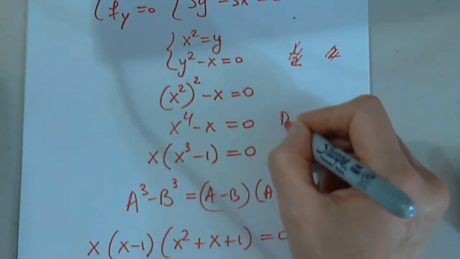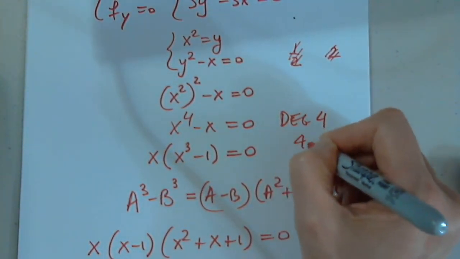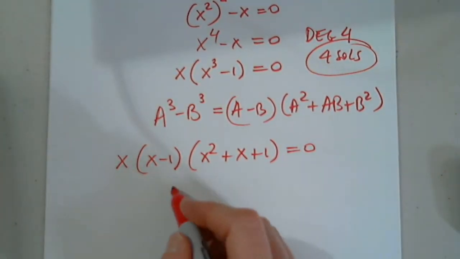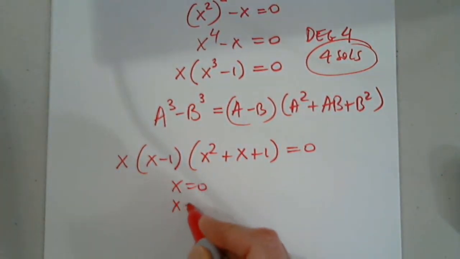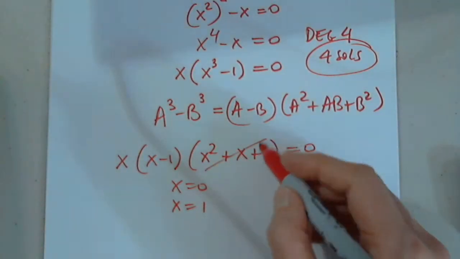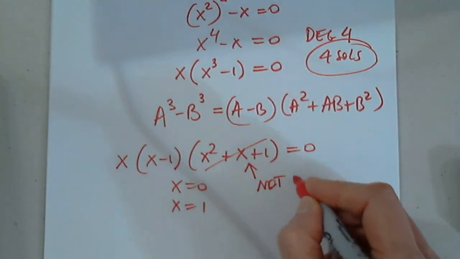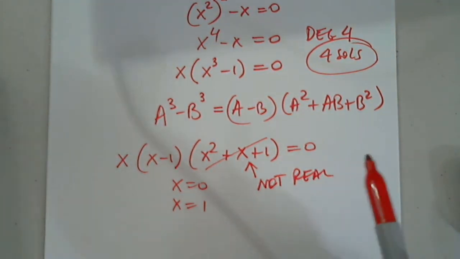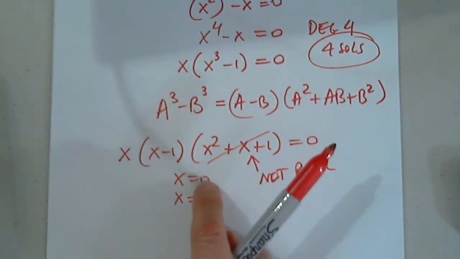Because it's degree 4, I expect 4 solutions. One solution is x equals 0, the other solution is x equals 1. This will not have real solutions. There will be 2 imaginary. So these are the 4 solutions: 2 imaginary, 0, and 1.